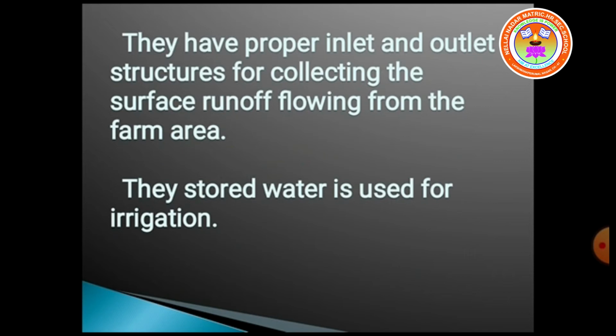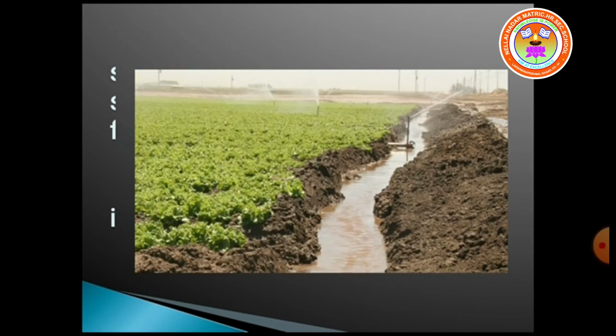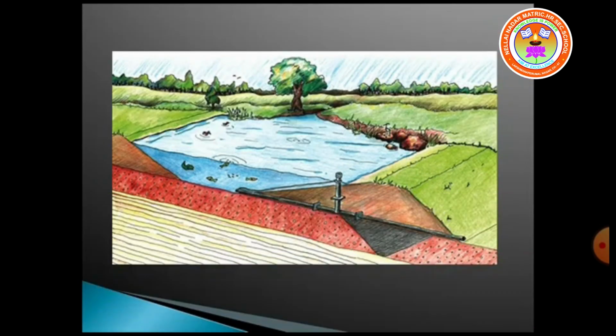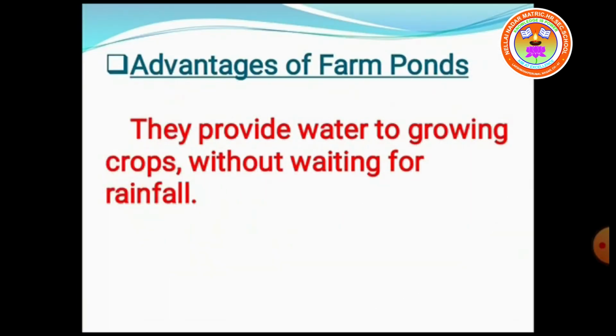Let us see a few advantages of farm ponds. Farm ponds are very much useful for irrigation. The first advantage is that they provide water to the growing crops without waiting for the rainfall.